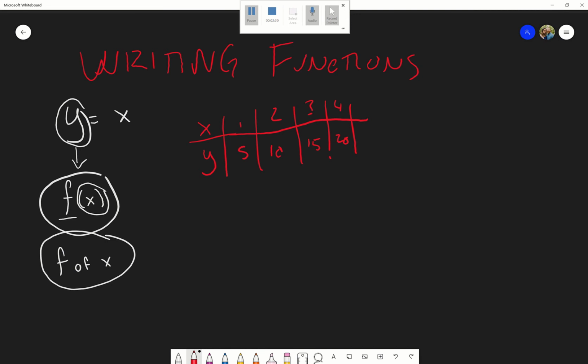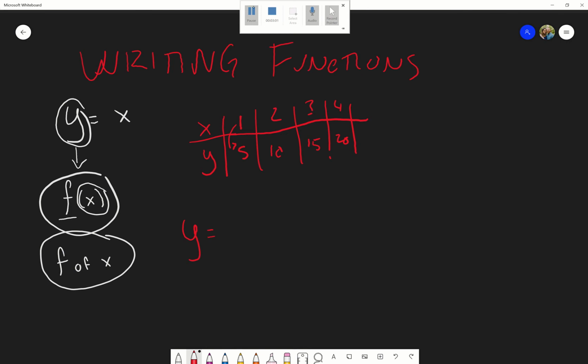Now, whenever I'm dealing with equations, my y, or my f of x, is the thing over here all by itself. So I'm going to say y equals, or f of x equals. And then we want to figure out, starting at x, how do we get from x to y? How do we get from 1 to 5? What's one way I can get from 1 to 5?